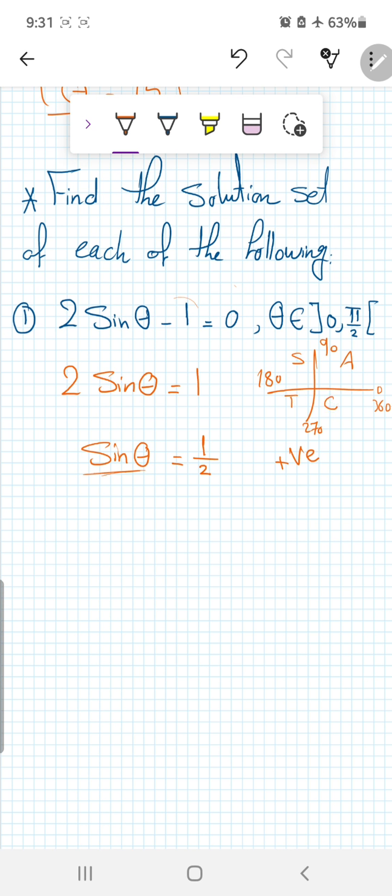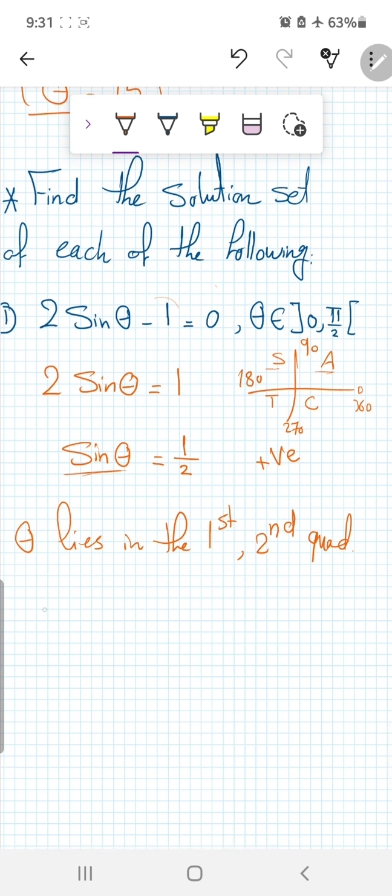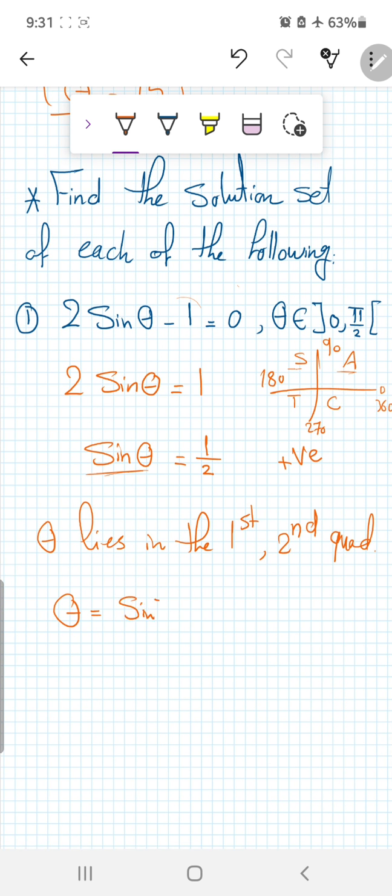By the ASTC rule, sine is positive in the first and second quadrants. So theta here lies in the first and second quadrant. Here the acute angle: sine theta equals half, so theta will be shift sine inverse of half, which will be 30.